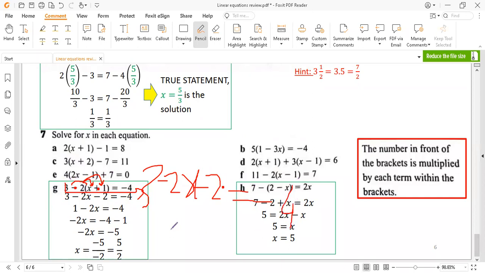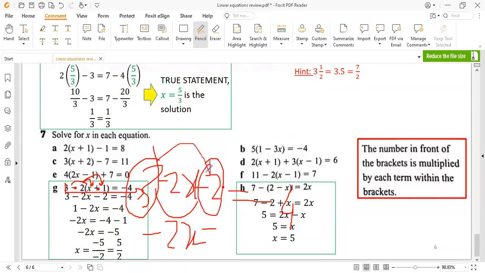Then we move to like terms. We have only one term with x, -2x, and we combine 3 with the constant -2 because they are like terms without any variable. 3 minus 2 is 1, and when we move the 1 to the right-hand side of the equal, it becomes -1.